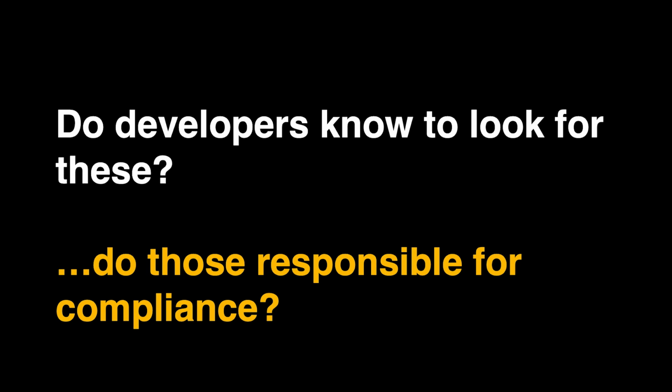Do you know to look for relevant privacy options? When configuring that SDK, do those in your organization who are responsible for compliance understand how configurations of the SDK have a profound impact on the app's privacy behaviors and whether or not the app is complying with its privacy obligations?